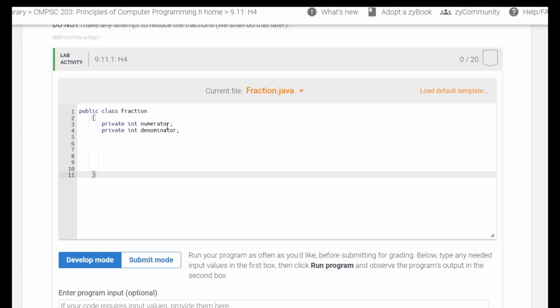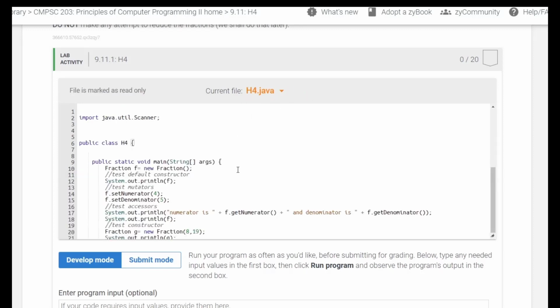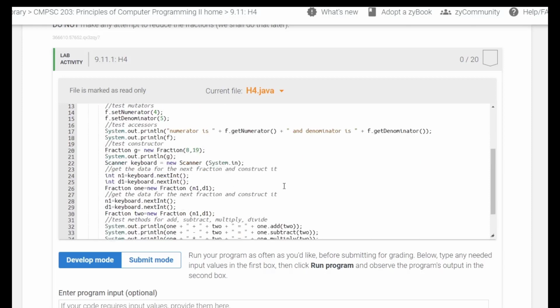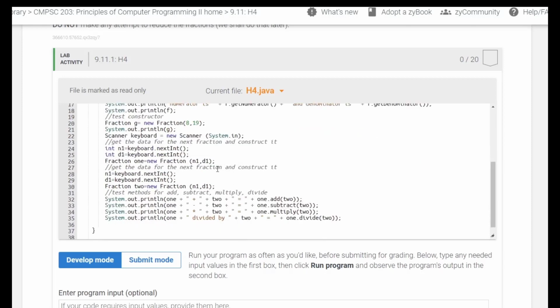The only methods that you have to write are the ones that are tested here. You will need a default constructor, and a constructor that's not default. You'll need the sets and the gets and the toString for these print lines, and then you're going to need these methods here: the add, subtract, multiply, and divide.